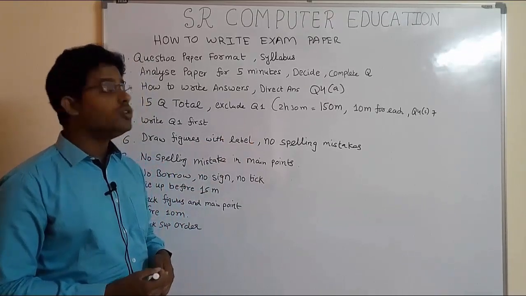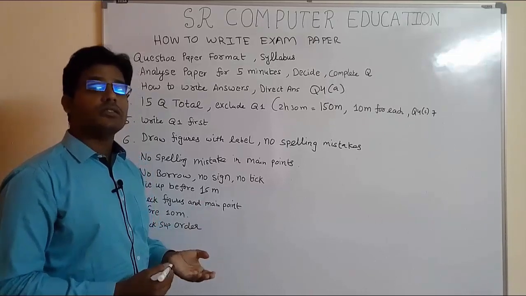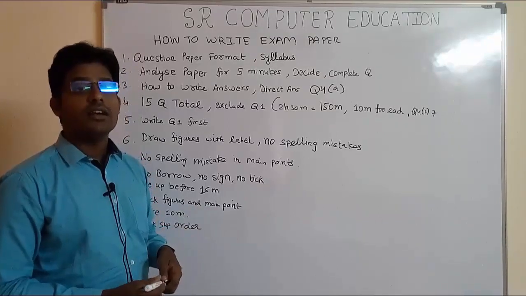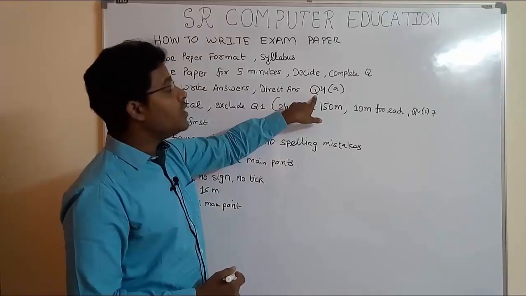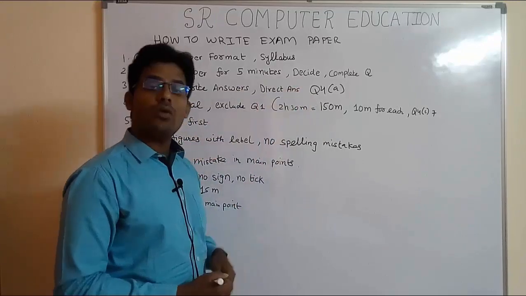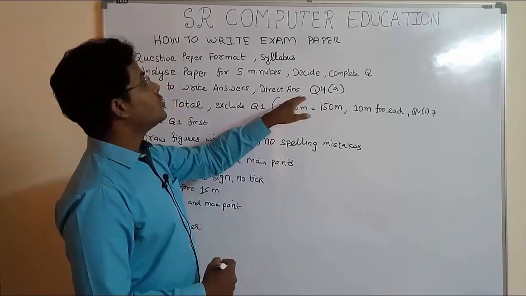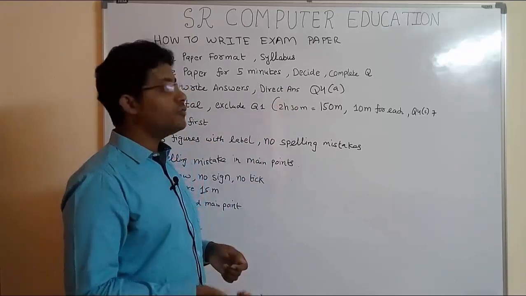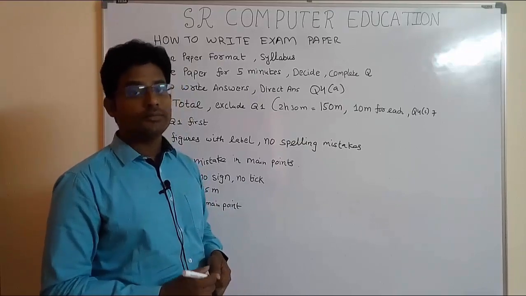You are not going to get marks if you write question 4A first, then question 3A second. You have to complete all the sub questions in main question 4. Suppose question 4A is there, B is there, C is there and D is there. So write question 4A first, then question 4B, then question 4C and then question 4D.